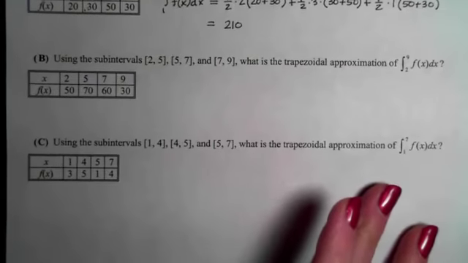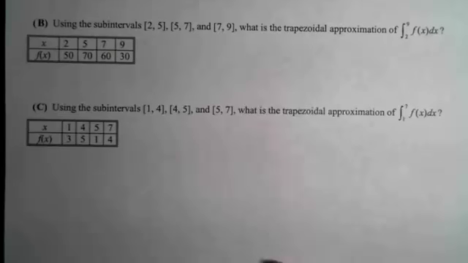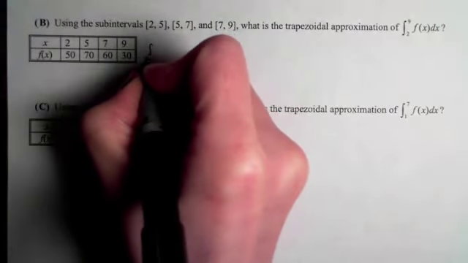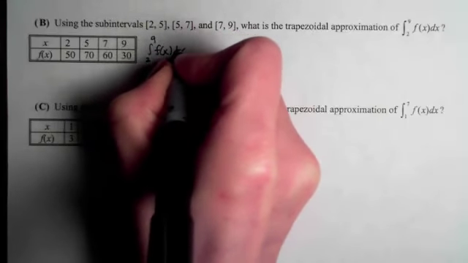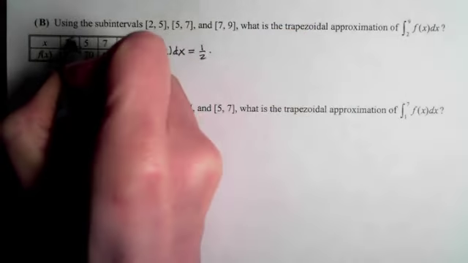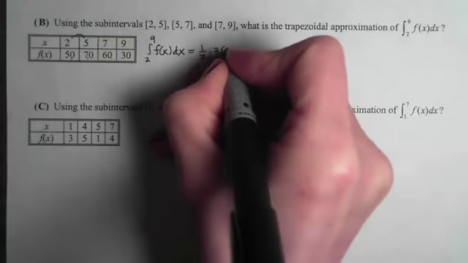We do the same thing on part B. Notice again I've got differently spaced intervals, so I have to do each integral, or excuse me, each subinterval or each trapezoid separately. I can't factor that delta x out. So I'll have a 1/2 times a 3 times the sum of its bases.